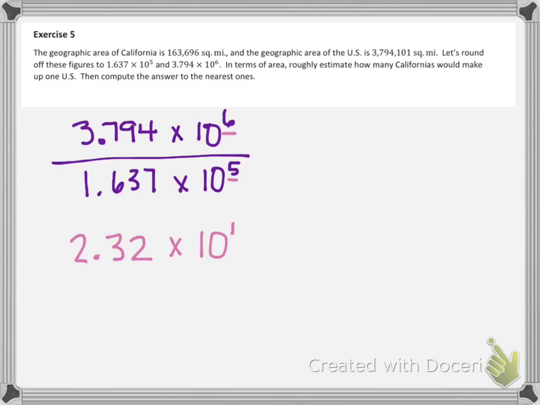Okay, and then if I want this in the nearest ones, then I'm going to move my decimal one place to account for my exponent, and I get about 23.2, and if I round to the nearest ones place, it's going to be 23. So about 23 Californias will make up the United States.